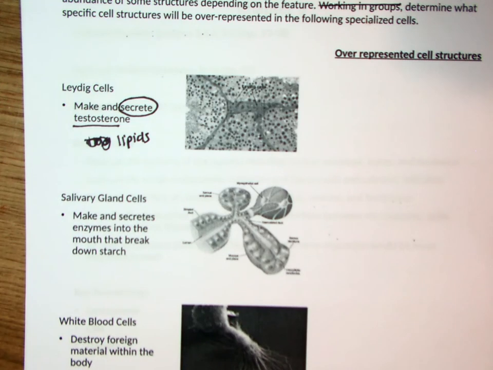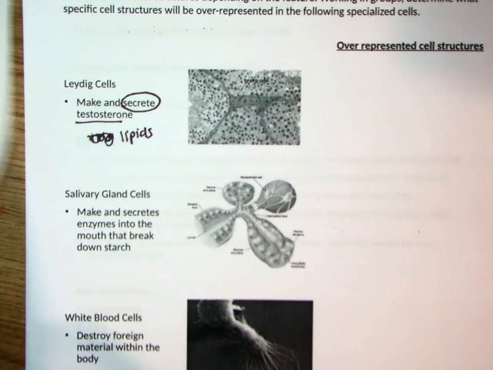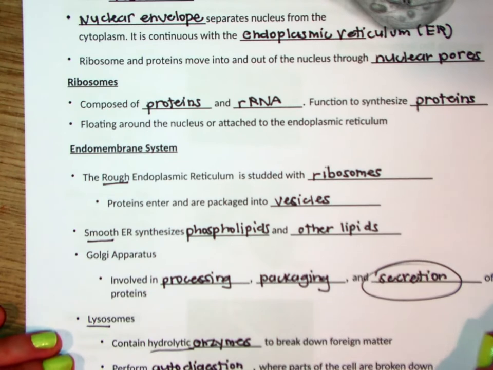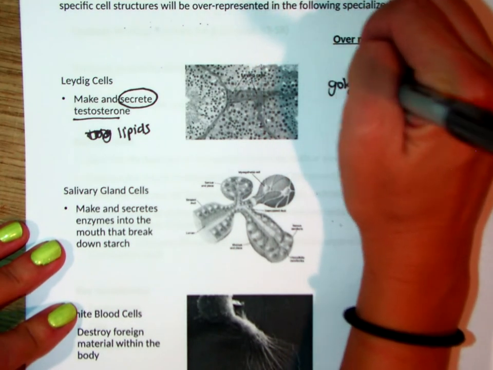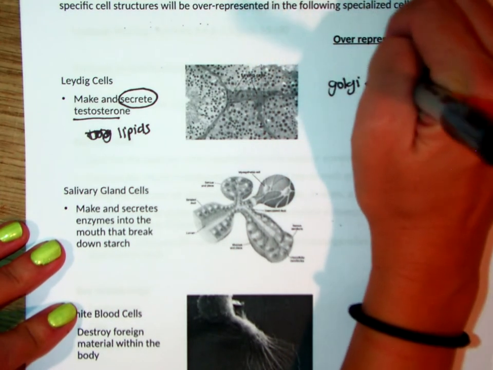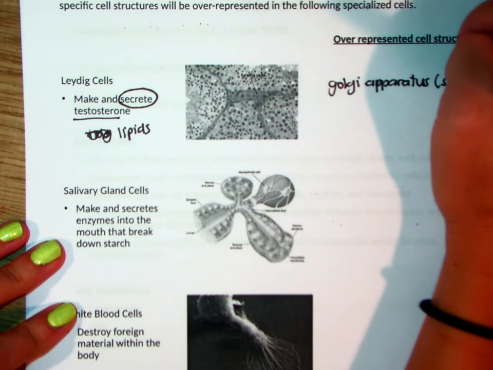So, the overrepresented organelle, what are these Leydig cells going to need a lot of in order to do this function? Well, let's look back at our sheet here. The organelles that secrete are the Golgi apparatus, so these Leydig cells, a lot of Golgi apparati.